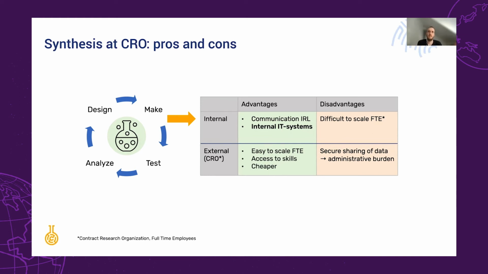External synthesis, however, can be easy to scale with the right contracts. It also provides access to special skills should we need them, and in some cases it can also be cheaper. Its big disadvantage, however, is the administrative burden which goes along with securely sharing just the right data.